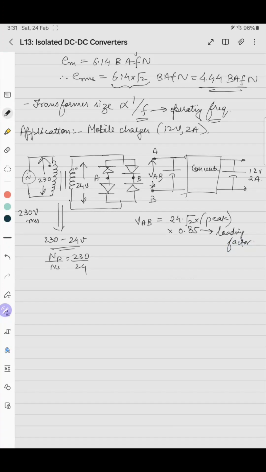The power converter input is this V peak, VAB, and the output is 12 volt. If we are using a switch mode regulator instead of a linear regulator, you need a buck converter logically.